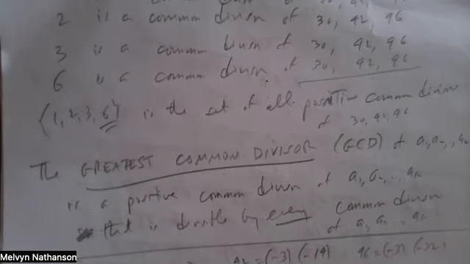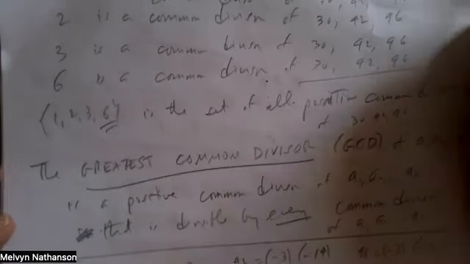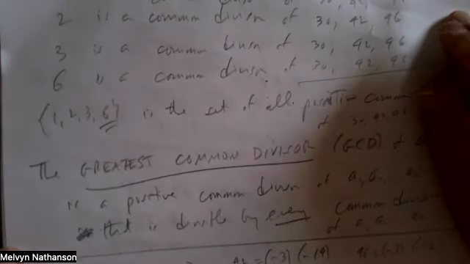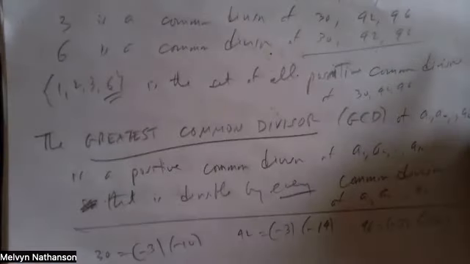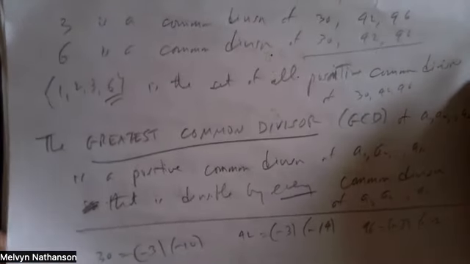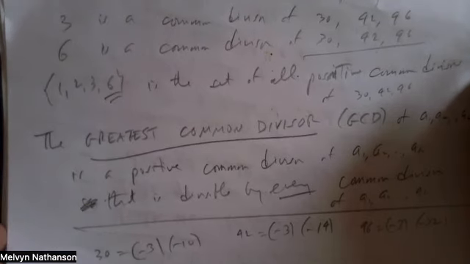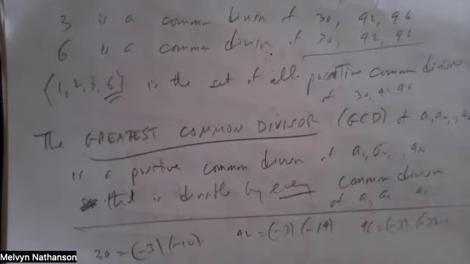So don't think that common divisors are necessarily positive. They can be negative also. But by definition, the greatest common divisor is always a positive common divisor. Okay. Any questions about this so far?